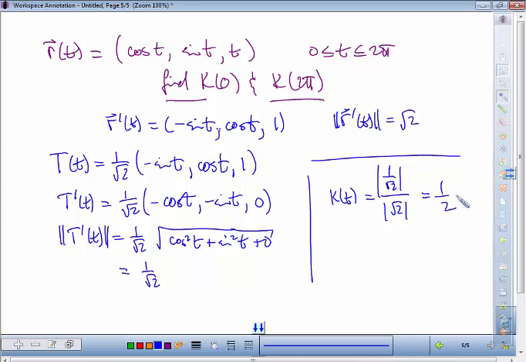Is there a mistake here somewhere? So the unit tangent is r prime of t divided by the magnitude of r prime of t. And then the derivative of this is a constant times a vector. It's just a derivative of the vector.